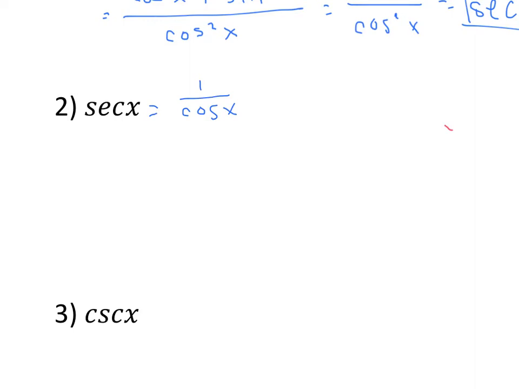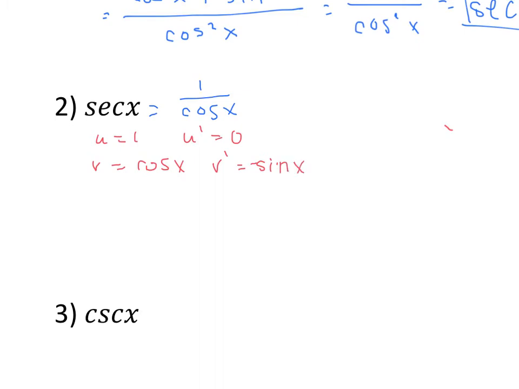So u is going to equal 1, because that's our term on top, and v is going to equal cosine of x. So then I know that u prime would be 0, and v prime is equal to negative sine of x.